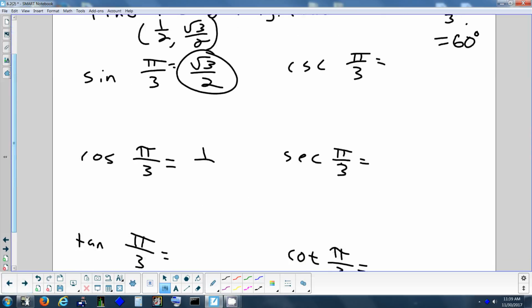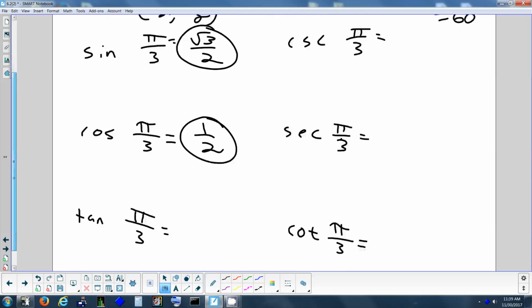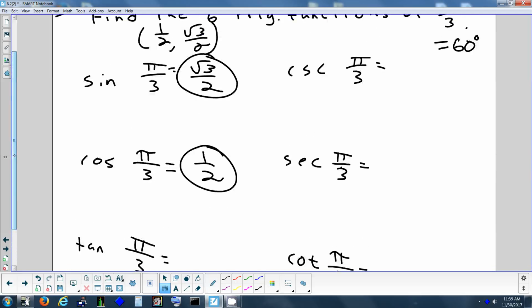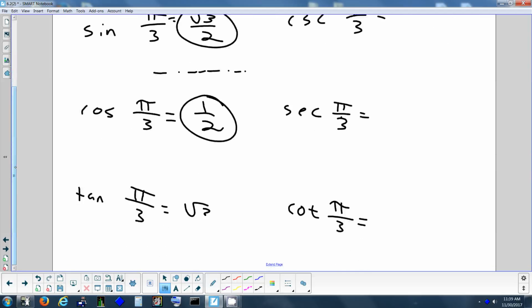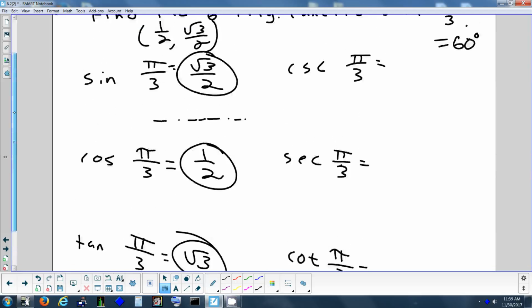Yep, 1/2. And the tangent is y divided by x. So just pretend like you're dividing those two numbers. If you divide them, they have the same denominator, so what happens to it? Cancels out, and you have square root of 3 divided by 1, which is square root of 3.